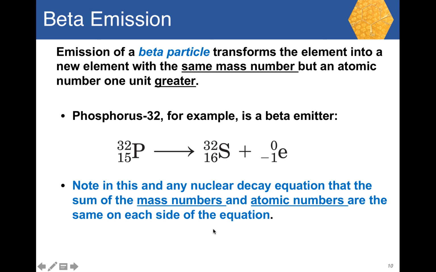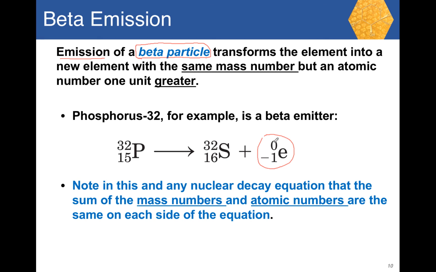Okay, let us look at some of the reactions now. This time we look at the emission. Remember, emission means given off. So the emission of beta particles. We know what the beta particle is because we know it's a negatively charged particle. The way it is written is e for electron, with -1 and 0.